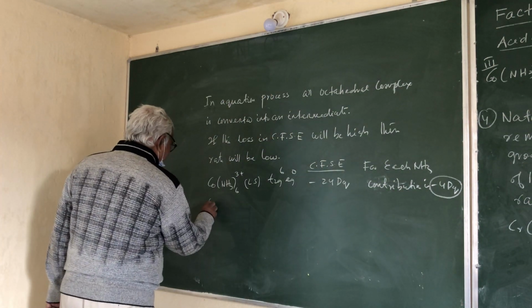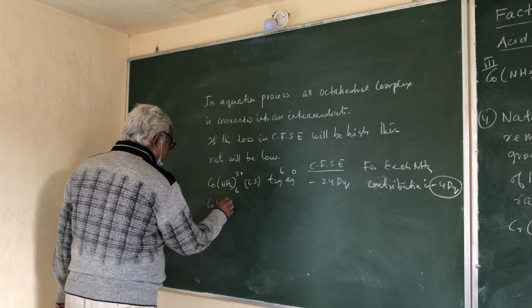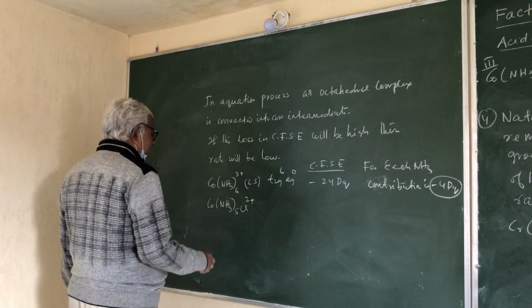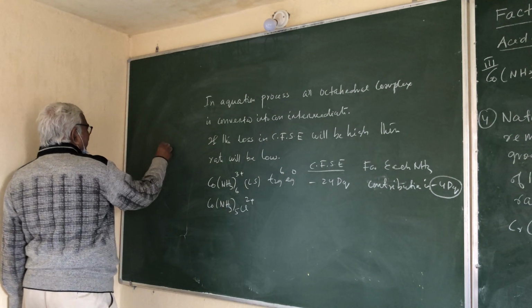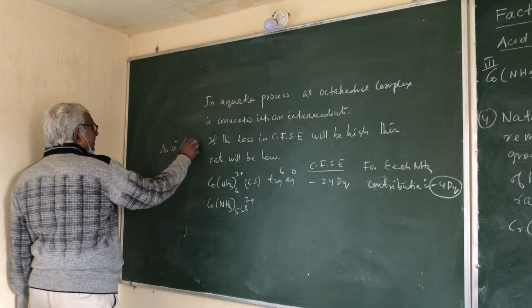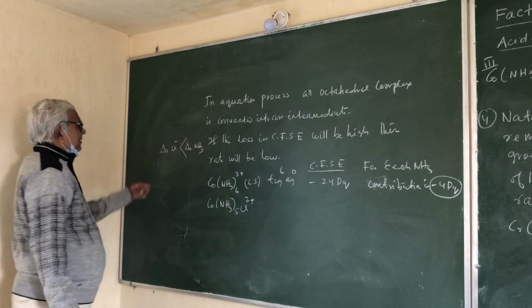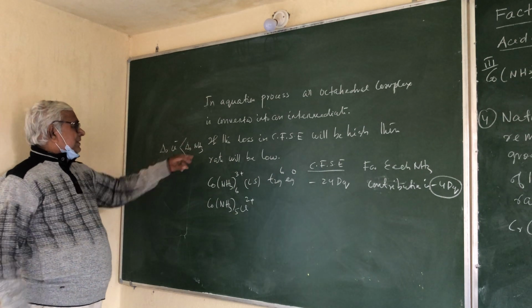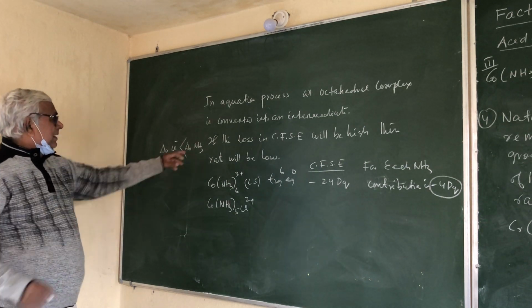So if you consider this type of complex, the delta 0 of chloride is less than the delta 0 of ammonia. The crystal field splitting of chloride is almost 50% less than that of ammonia.